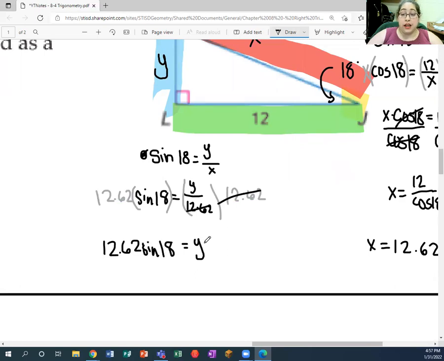And so in your calculating device, whatever you decide to use, your phone or the classroom little TI-30s, whatever your preference is, we're going to type in literally this: 12.62 times the sine of 18. Again, making sure I'm in degree mode, and it spits out that y is 3.90.